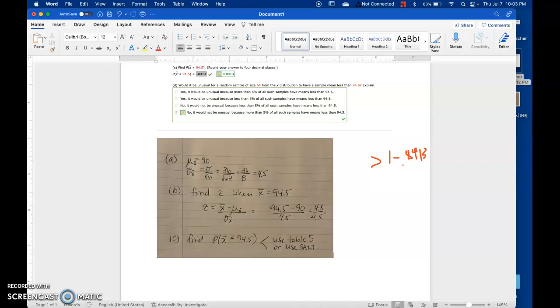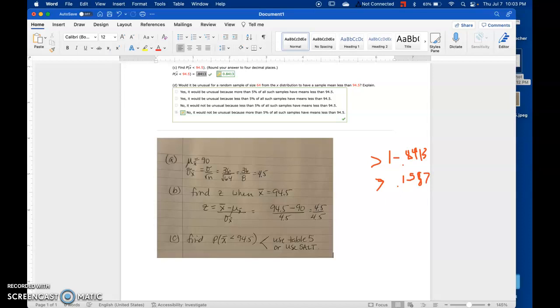I just figured that out on my calculator here, it would have been 0.1587. So excuse the handwriting there. It's kind of hard to do on my mouse.